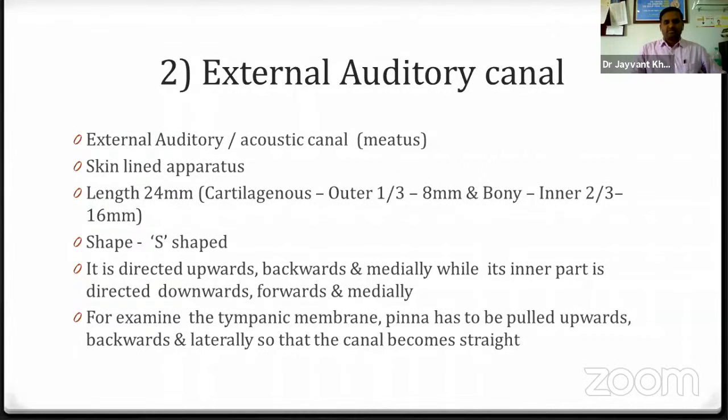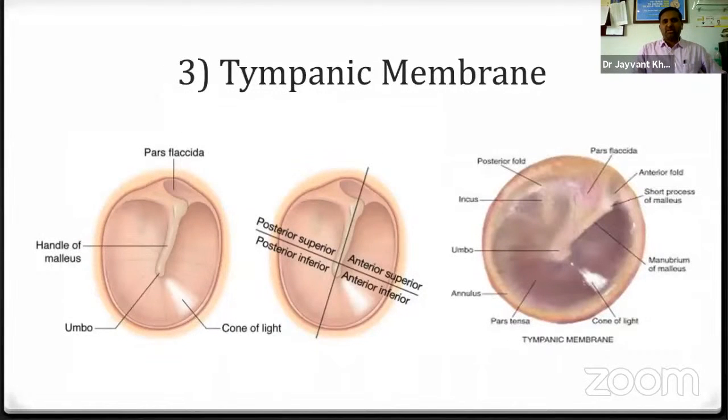Okay. Third one is tympanic membrane. There are two parts: the small upper part is pars flaccida, and the big part is pars tensa.